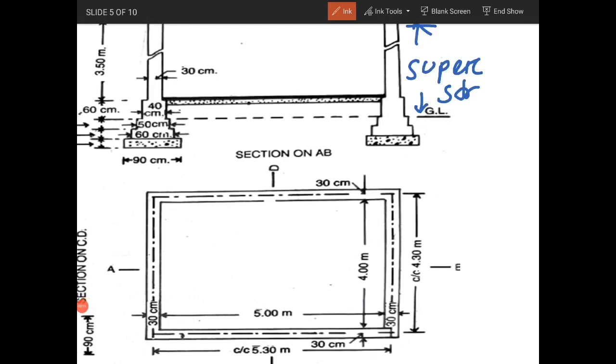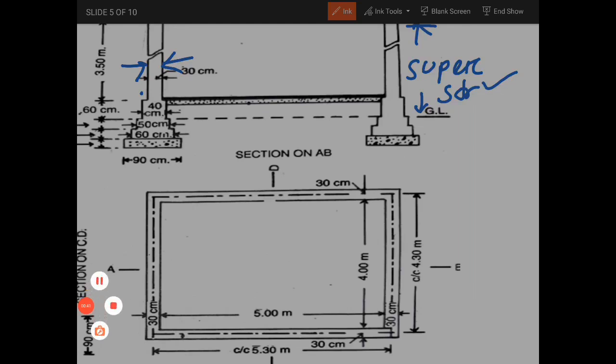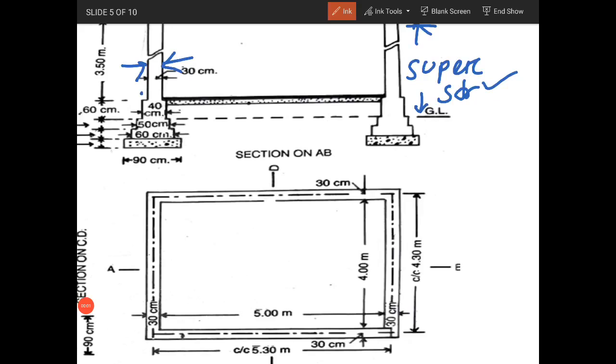Here you can see the wall that comes under the superstructure, whose dimension is 30 centimeter width. Let us see the plan of the superstructure, that is, the dimension of the building at superstructure level, above GL.